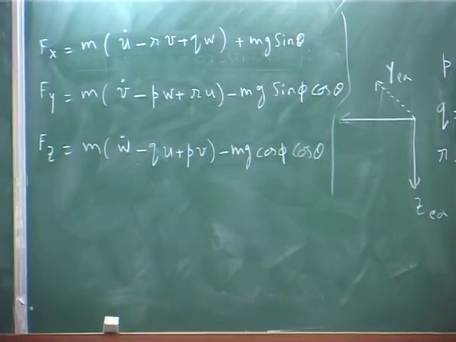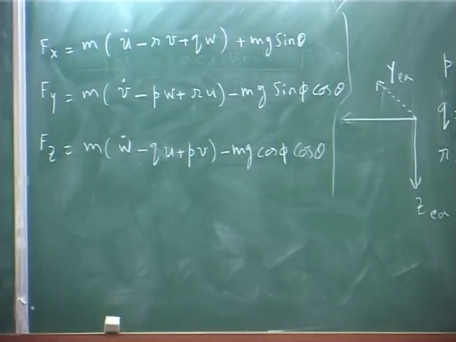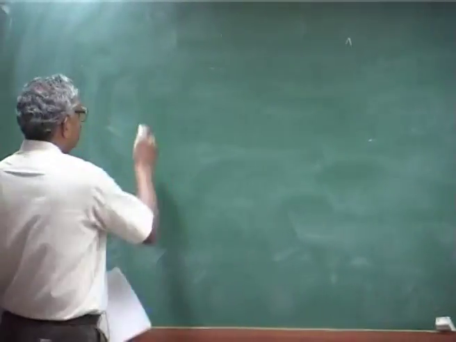If you look through the transformation relation, you will find that this is very obvious. All right. Now, you have to get the rotation equations. Rotation equations are a bit messy, because if you have done rigid body dynamics, you know that angular momentum is given by I omega.